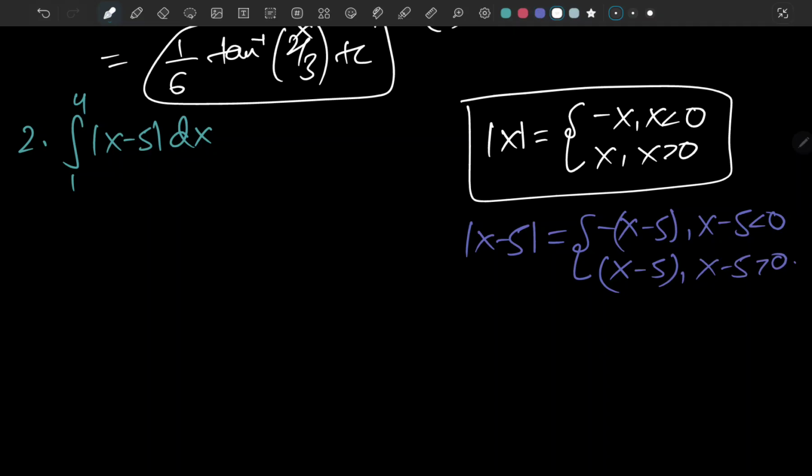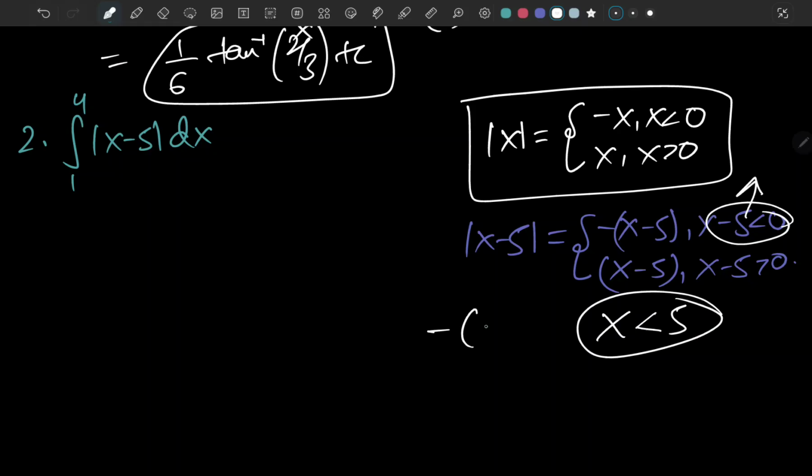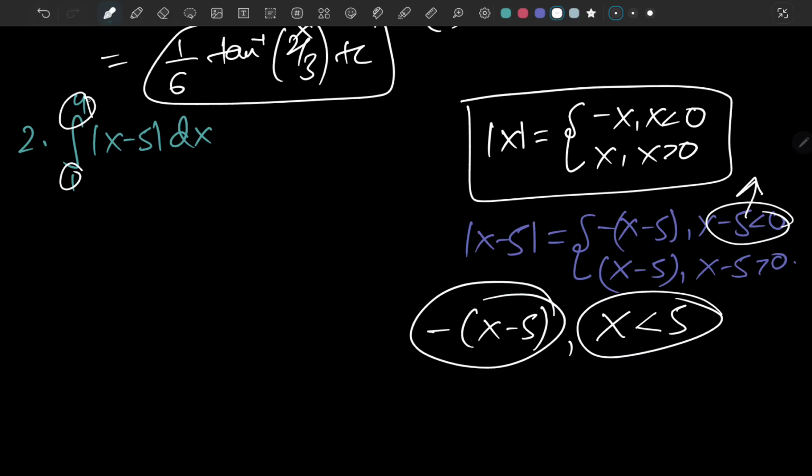If you calculate this, x should be less than 5 for the first case. Our integral has limits from 1 to 4, and both are less than 5, so it opens as the integral from 1 to 4 of negative (x minus 5), and that is really easy to evaluate.